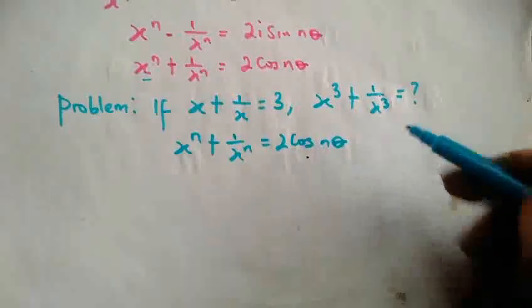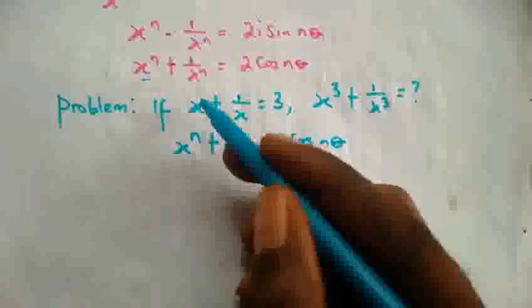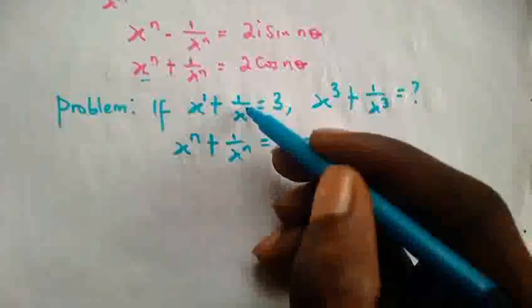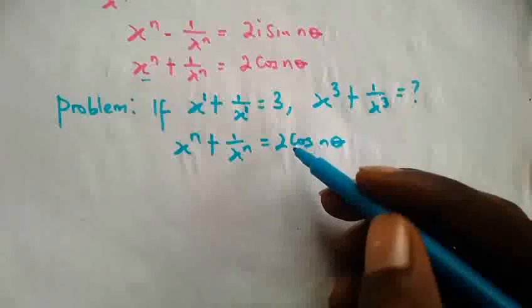Remember that in this equation x plus 1 over x equals 3, the power of x here is 1 and here is 1. So in this case we're going to substitute n as 1.